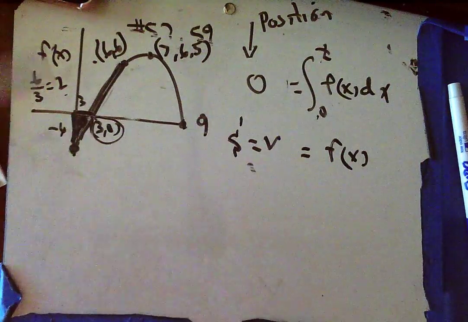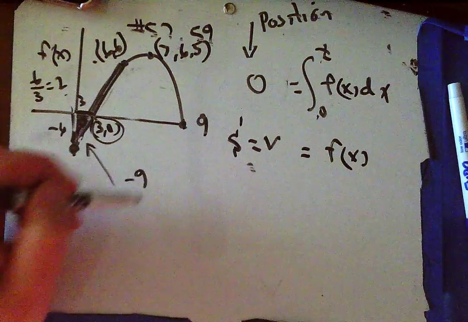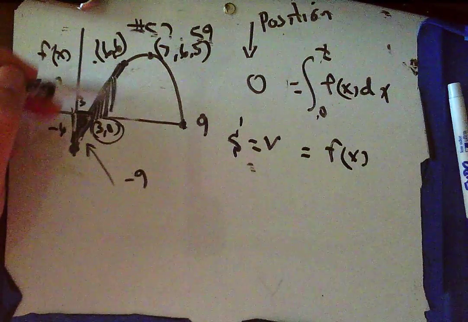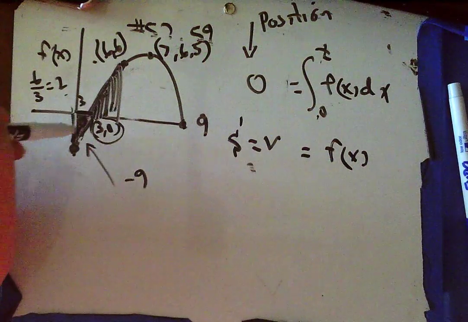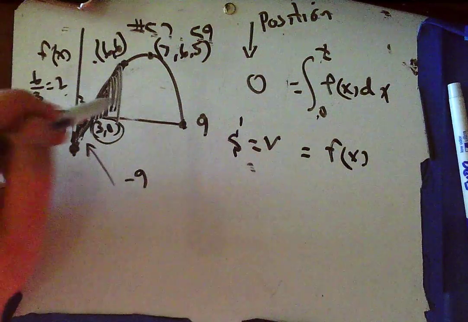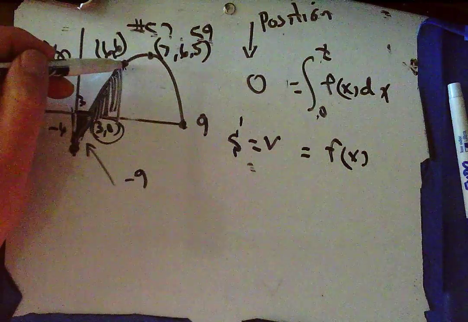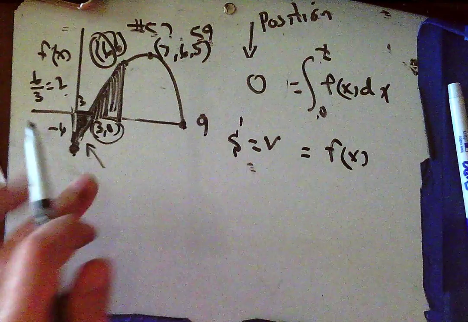Well, let's think. We integrated here and got that negative 9. But once I get past 3, if I keep integrating, I'll get a positive 9. And the positive 9 plus the negative 9, they're going to cancel each other out and make equal to 0. And that's exactly what happens at t equals 6.